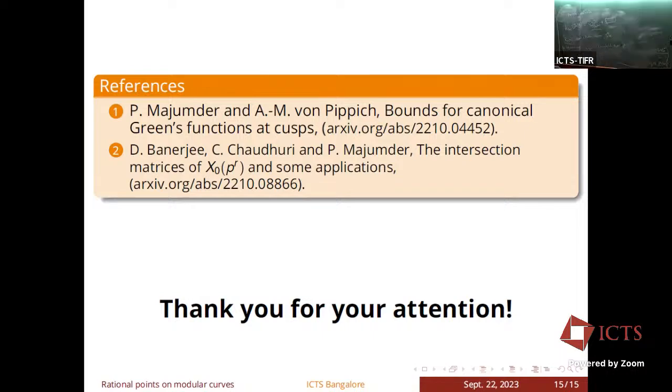Recently this work has been generalized for any n by two mathematicians, Dolce maybe and Mercury. I don't know how to pronounce it. This appeared in June 2023 on arXiv. So they have generalized this result for any n.